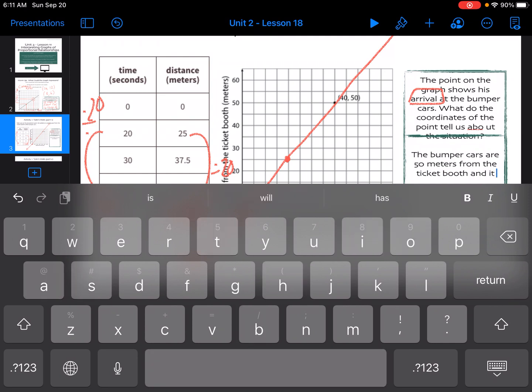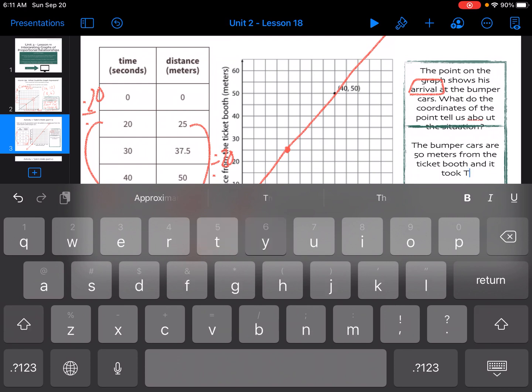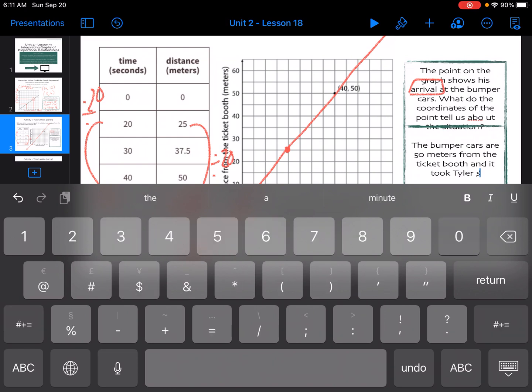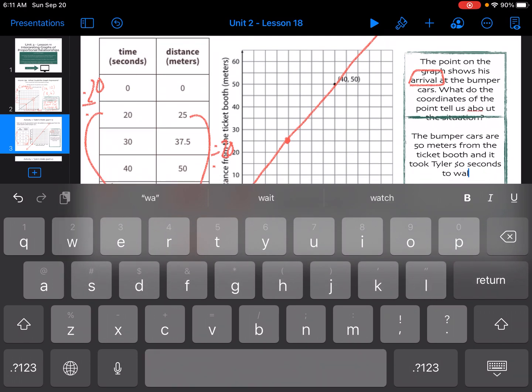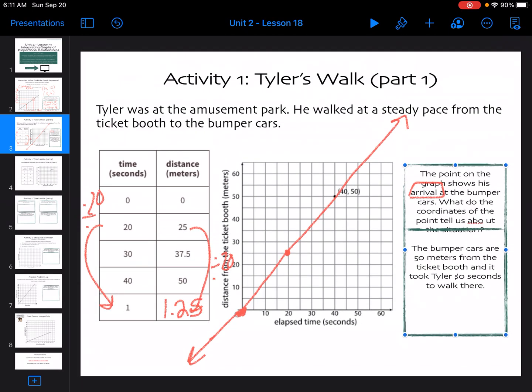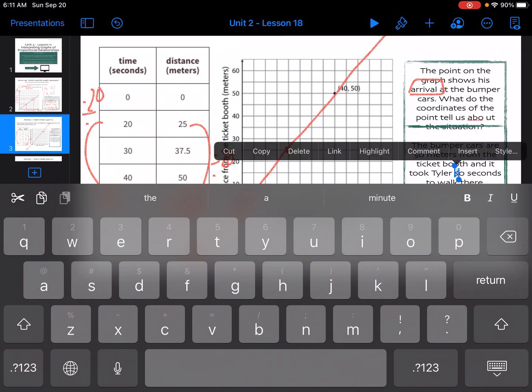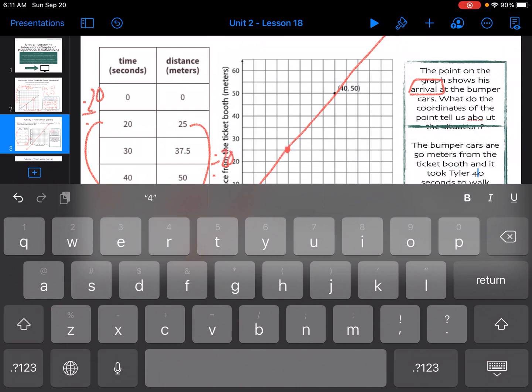And it took Tyler 40 seconds to walk there. There we go.